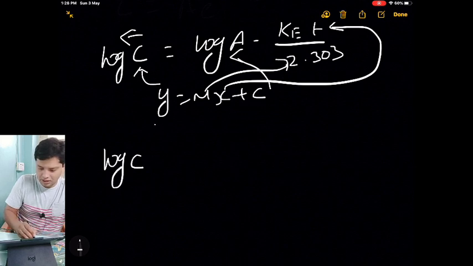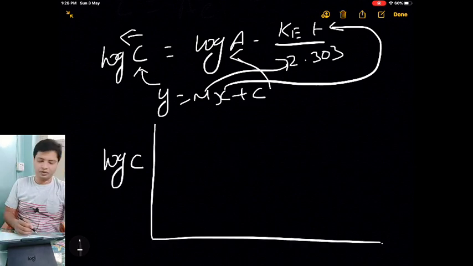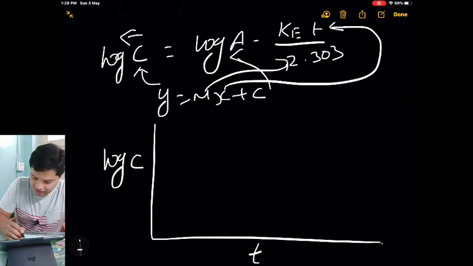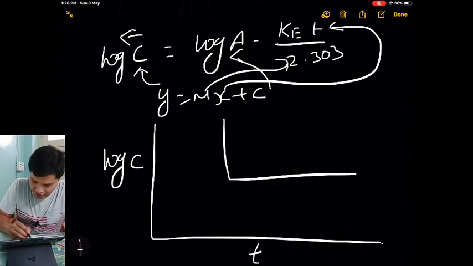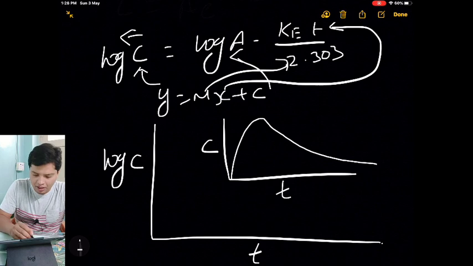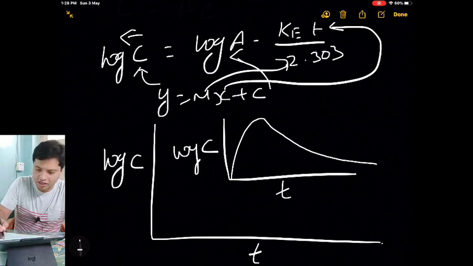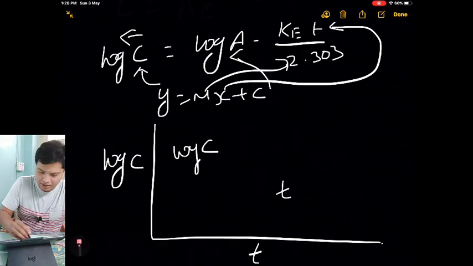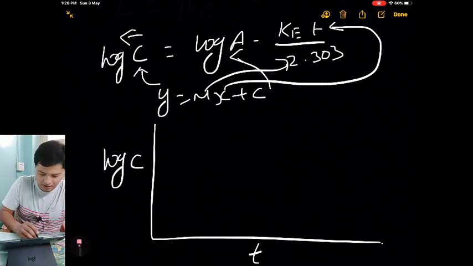Log C versus t. So the first graph is for the multi-exponent. If you take this graph, I got this type of graph here. If I apply log to this graph, what happens? That's what we are going to see here.